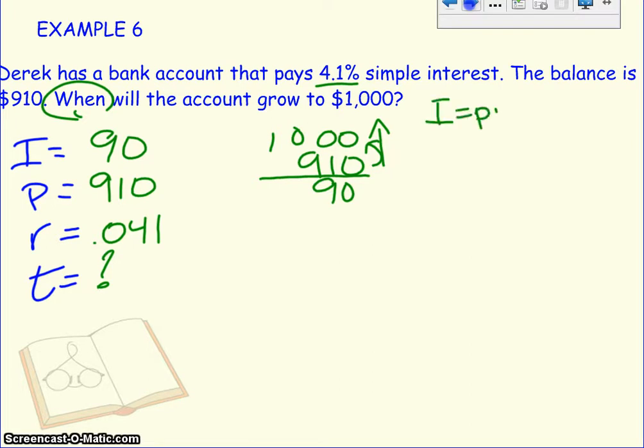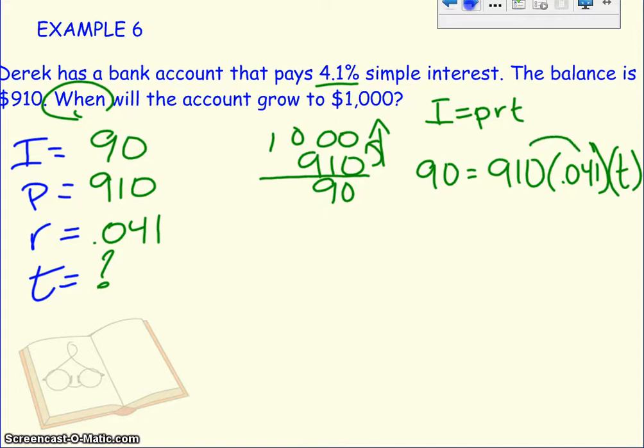Again, remembering my I equals PRT, I have 90 equals 910, which is the principal, times 0.041, which is the rate, times the time, which is what I don't know. When I multiply these two values together, I get 90 equals 37.31 times the time.